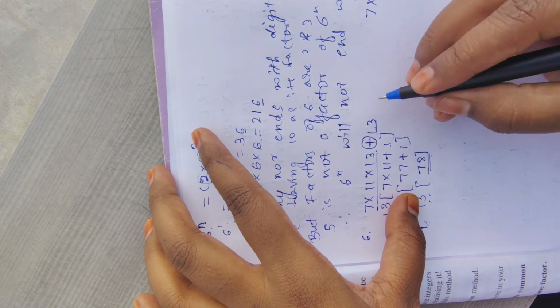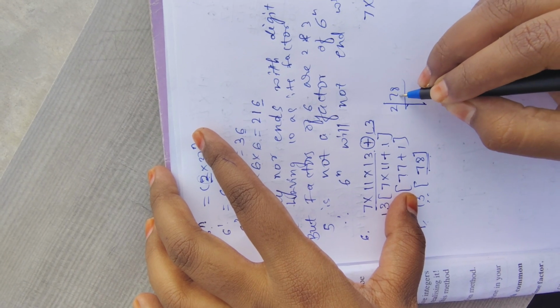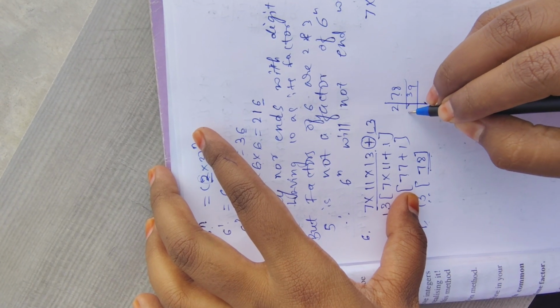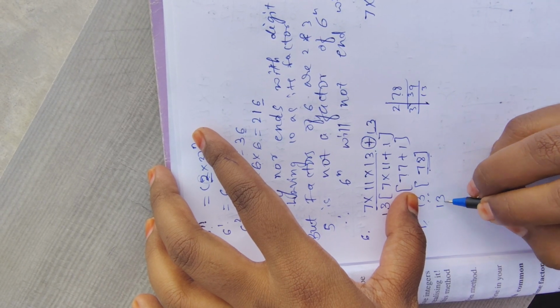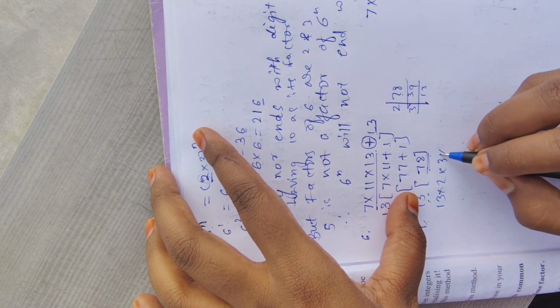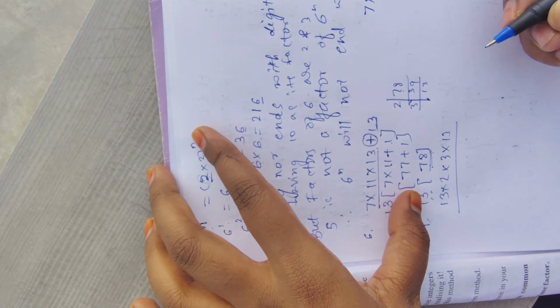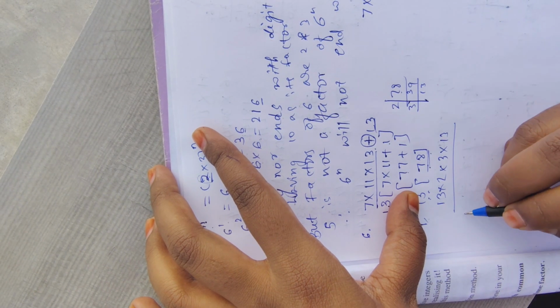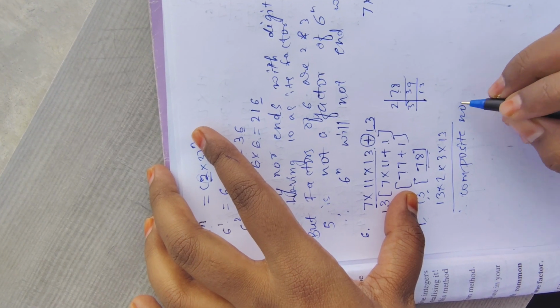If you reduce 78 again, 2 threes are 6, 2 nines are 18, so 3 ones are 3, 3 twos are 6. Again we'll get 2 into 3 into 13. So it is having more than 2 factors. Then obviously we can say yes, it is a composite number. Understood, children?